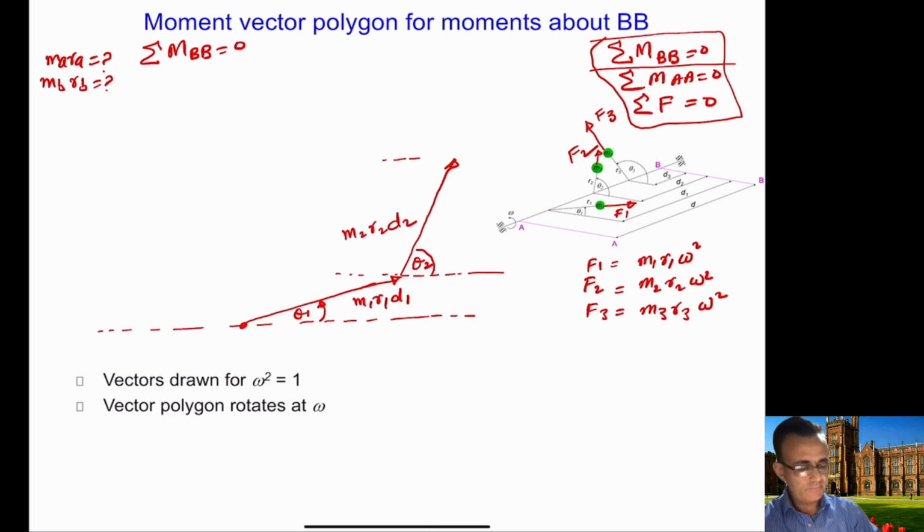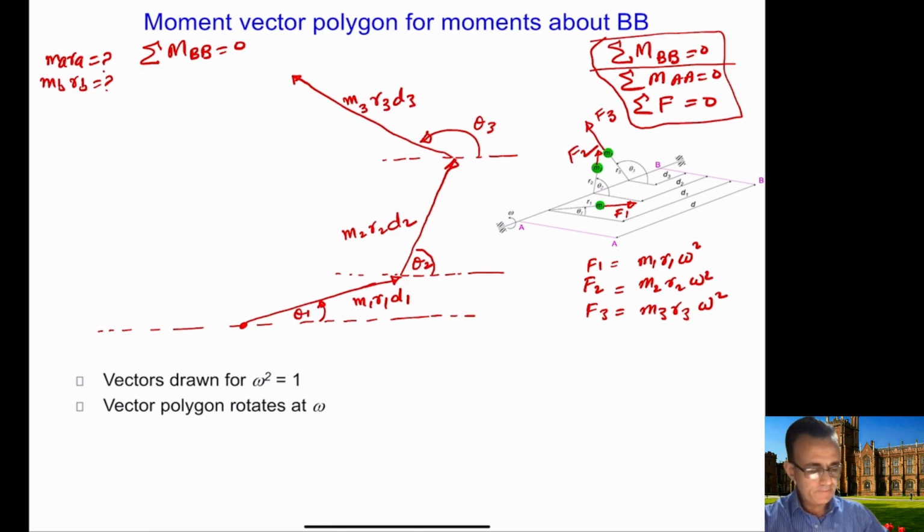Finally, we can draw the F3 here. So F3 is going to be in this direction, and this is our angle theta 3, and the magnitude of this vector is M3 R3 D3.